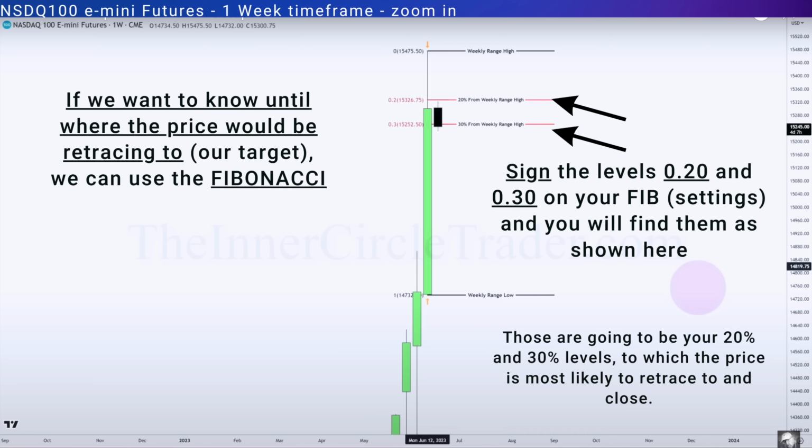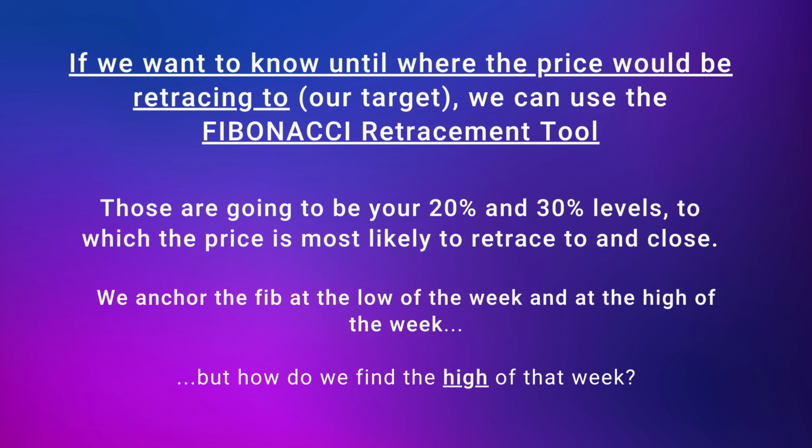ICT highlighted them for us with those red lines at 20% and 30%. What ICT is telling us is that the price is most likely to retrace and close on a Friday afternoon at 4 p.m. New York local time between the 20 and the 30% level of our Fibonacci.